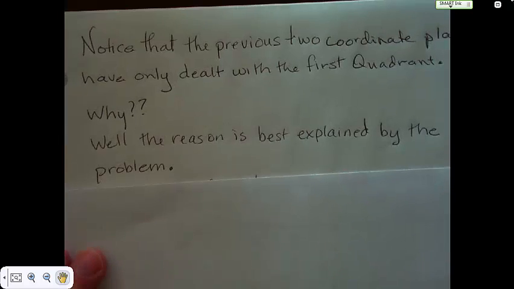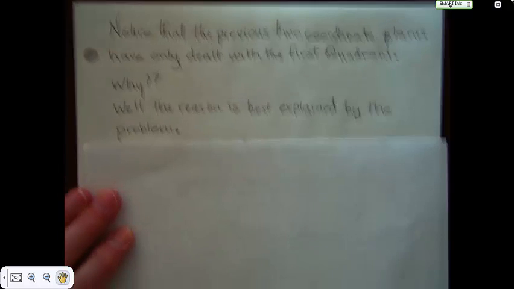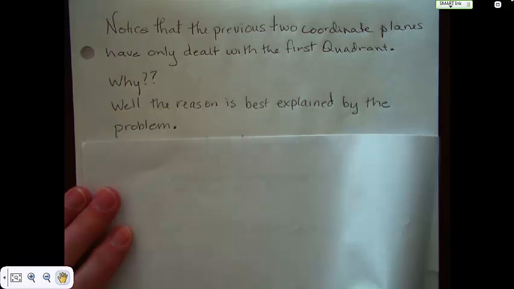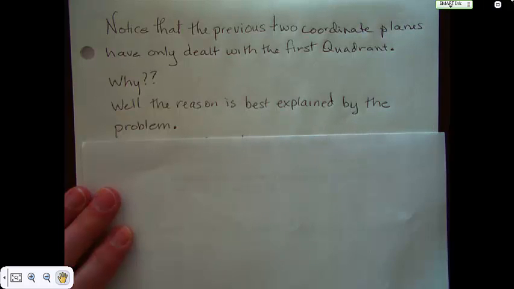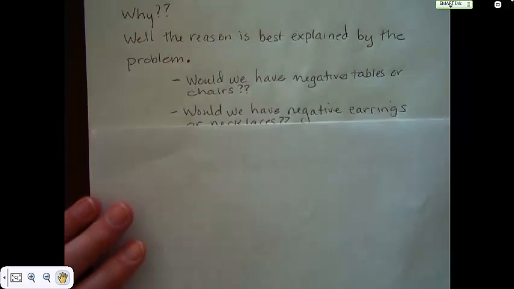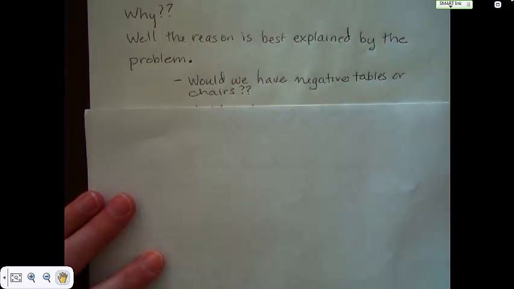Okay, let's look at this. And this is something I've already kind of talked about. Notice that the previous two coordinate planes have only dealt with the first quadrant. Why is that? Well, the reason is best explained by the problem. Could we have negative tables or chairs? No, not quite.